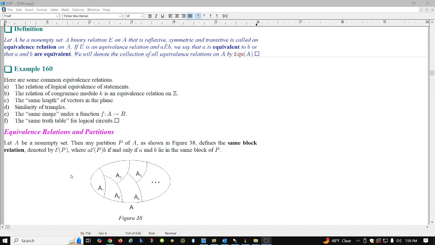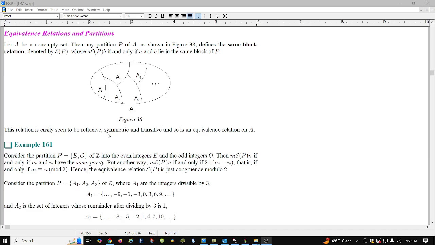Then any partition P of A, such as the one I've drawn here, defines what I'm going to call the same block relation and denote it by script E of P. So A is related to B under this relation if, by definition, A and B lie in the same block of the partition, hence the term same block relation.